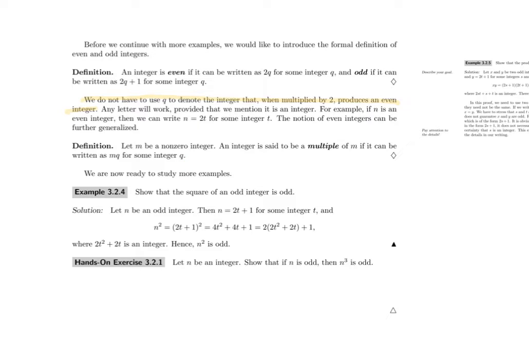So as a super quick example, I can say that 15 is a multiple of 5, since 15 can be written as 5 times 3. Let's take a look at how that relates to the definition.